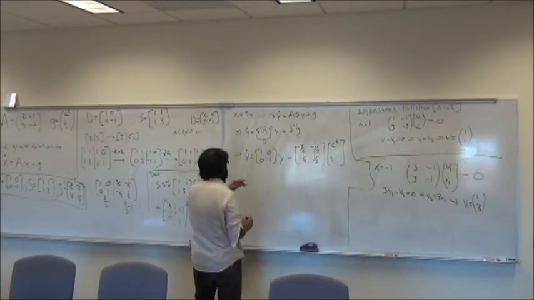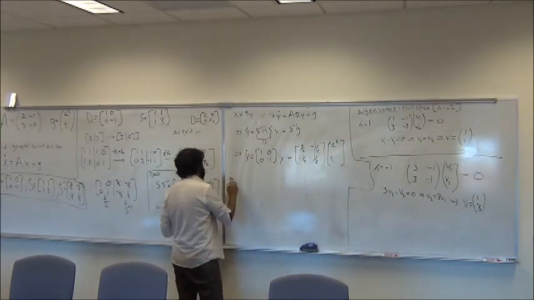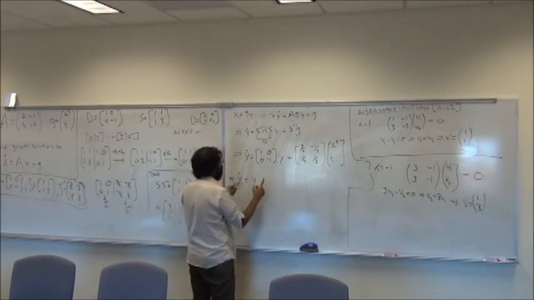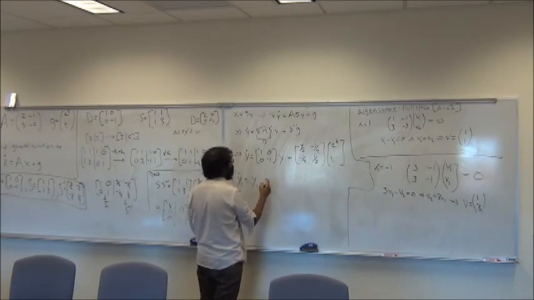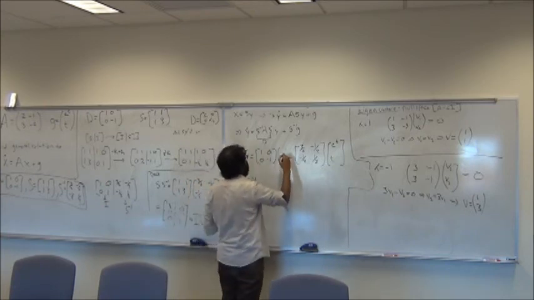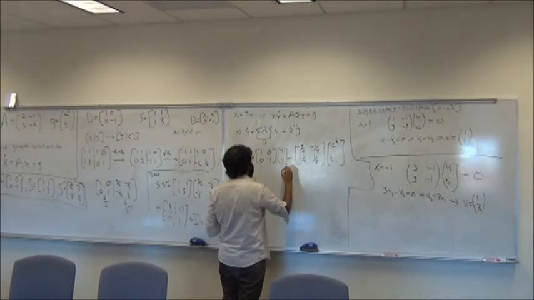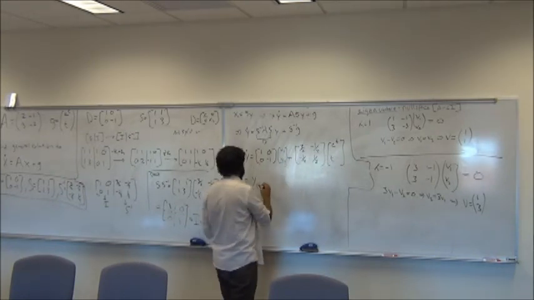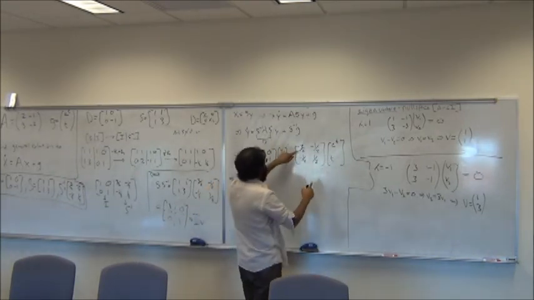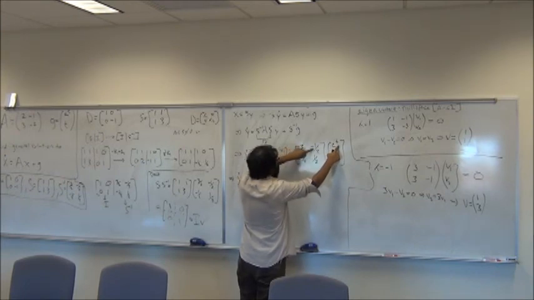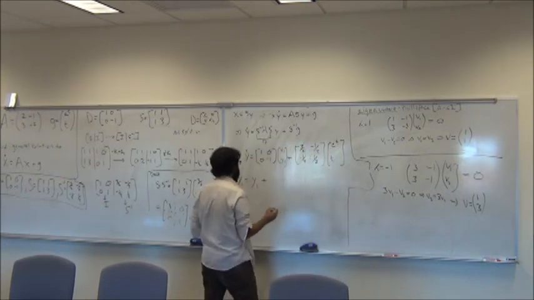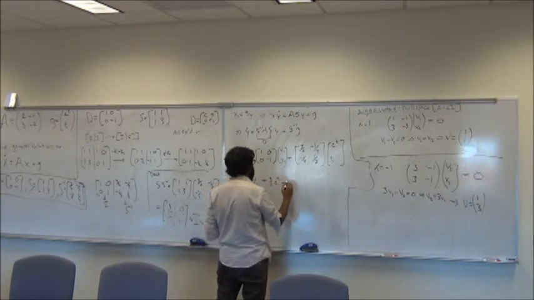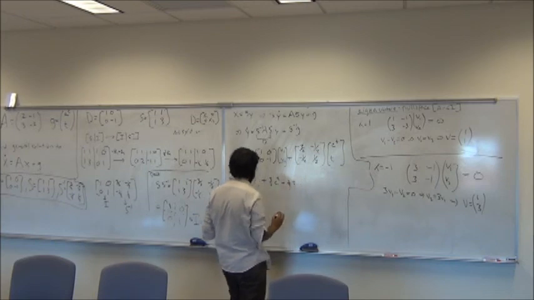Okay, and so that reduces to y1 dot equals y1. In fact, why don't I write this? y1, y2. So this is y1, and plus, this is going to be 3 halves e to the t minus 1 half t.